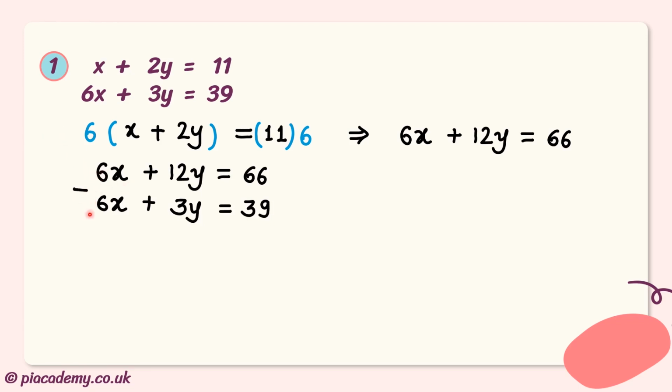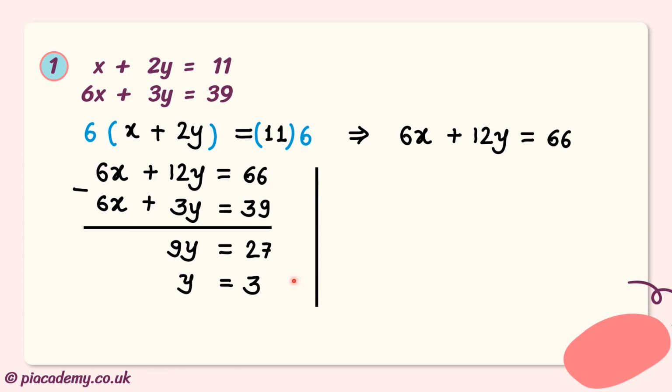6x minus 6x is 0, and 12y minus 3y is 9y. On the right side, we have 66 take away 39, and that is 27. Thus, we get 9y is equal to 27, which implies y is equal to 3.